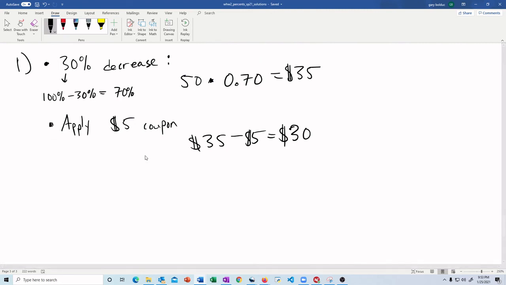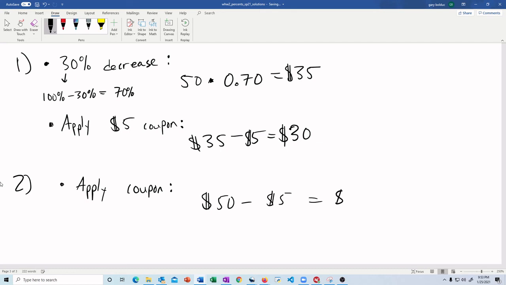What about the other way? Let's try way number 2. So that is apply coupon first. So let's apply the coupon. We do 50, because that's our start, minus 5 to give me a $45 price.